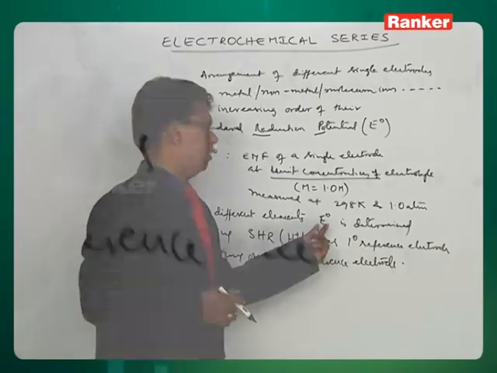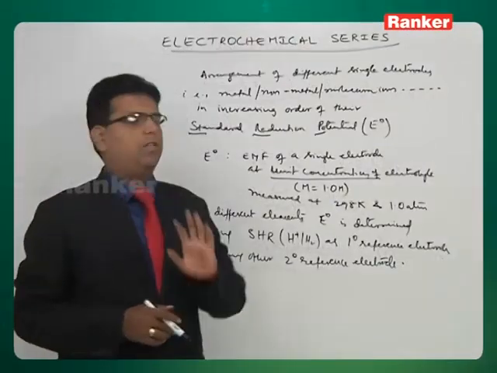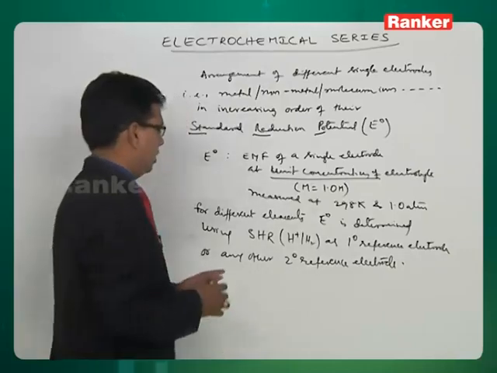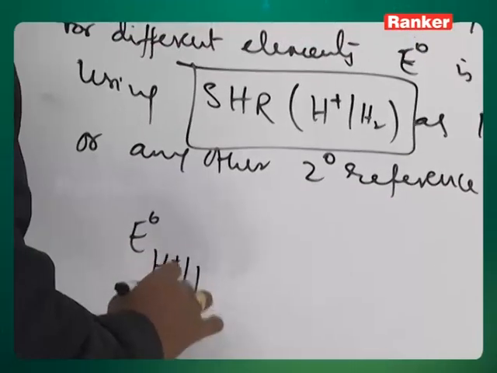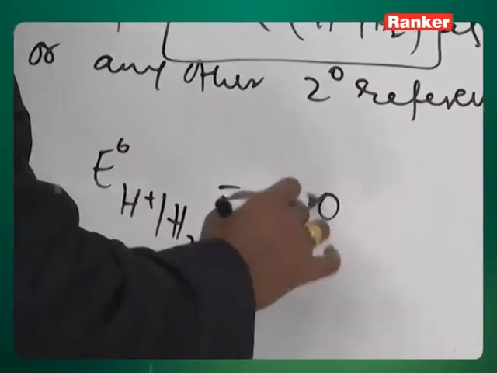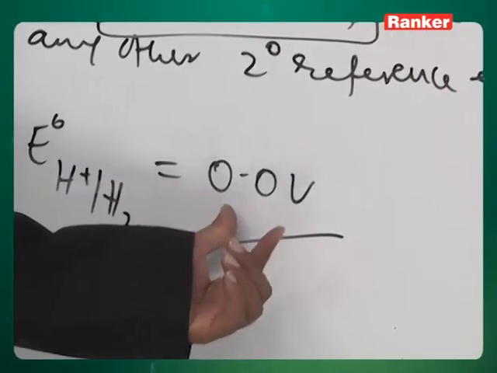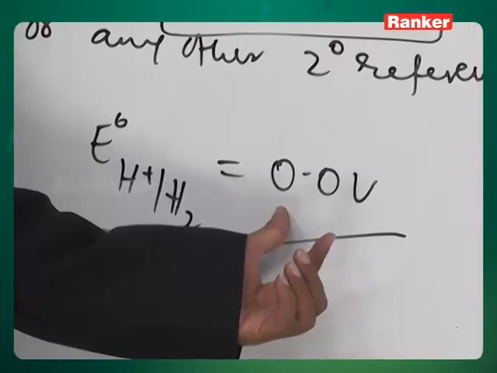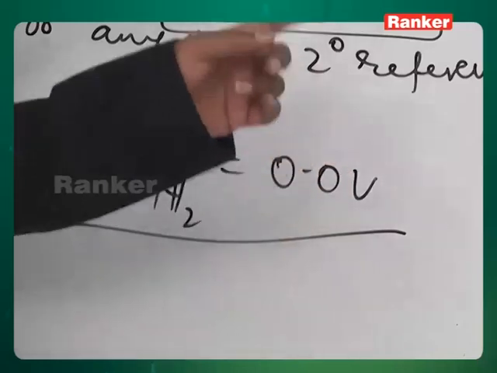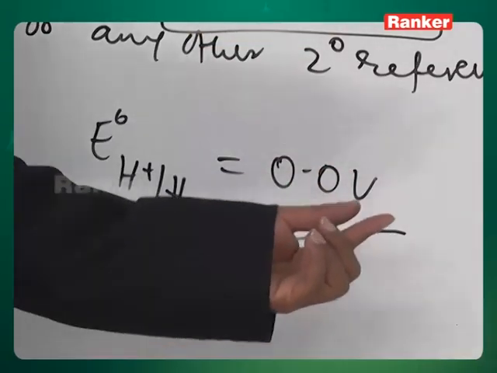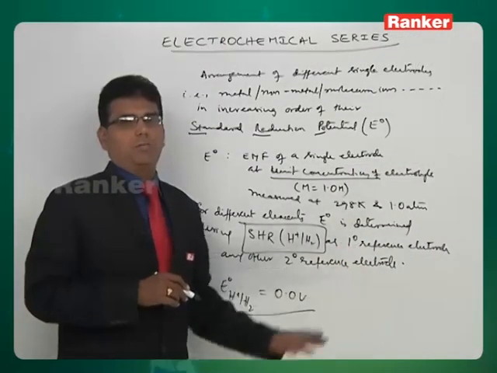But the standard E naught values, for all the elements, are determined using the primary reference electrode, that is standard hydrogen electrode. So, the E naught value of H plus H2 is always 0.0 volts. As this is moderately electronegative, neither highly electronegative nor least electronegative, this is taken as a reference and its EMF is considered as 0. Using this, the E naught values of all other elements have been determined.